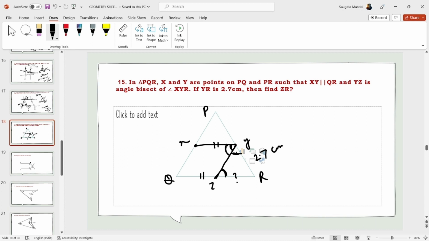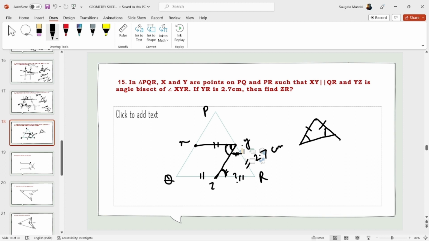That means this angle equals this angle. The angles are equal. And in a triangle, if two angles are equal, then the corresponding sides are also equal. That means these sides are also equal in the triangle YZR.